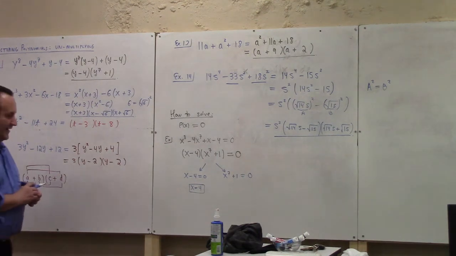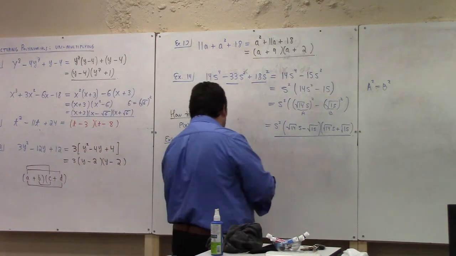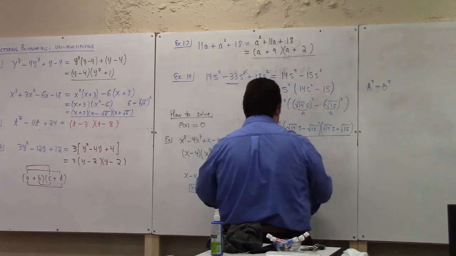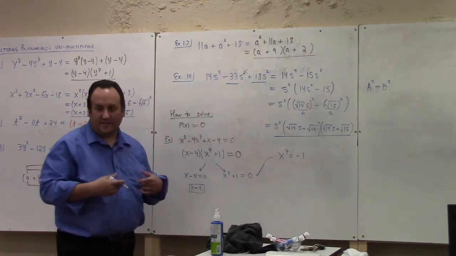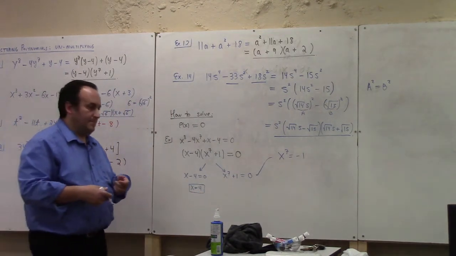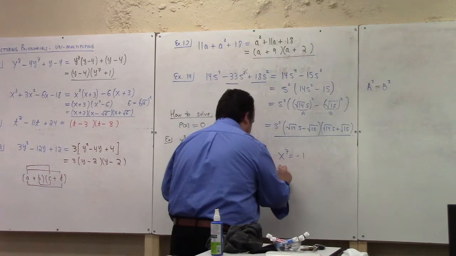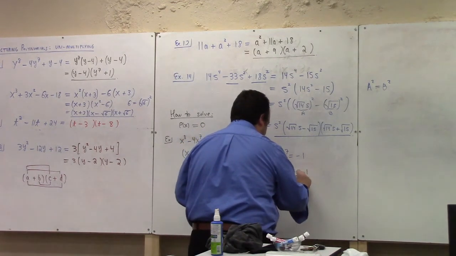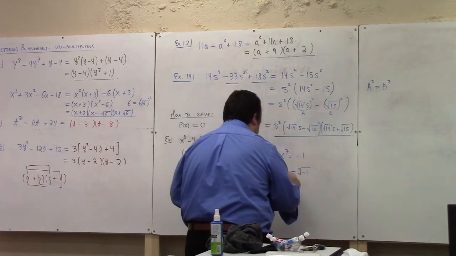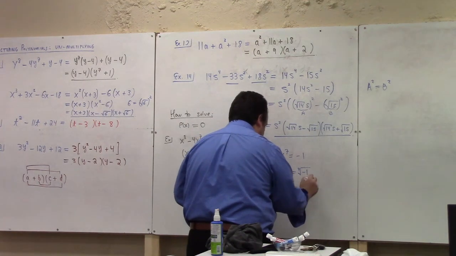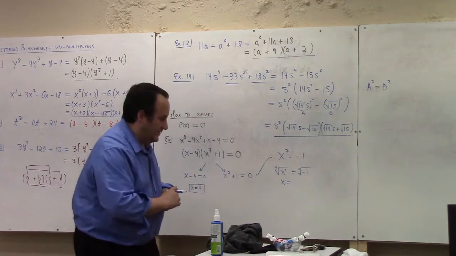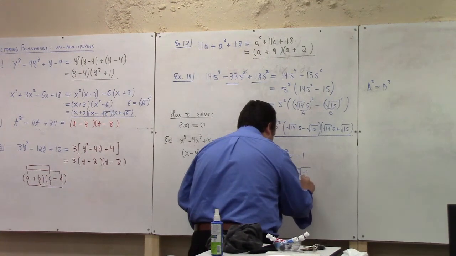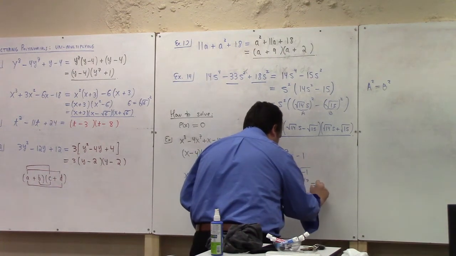Good. However, admittedly, this is a little bit above our pay grade at the moment. But if we look at this as x to the 7th equals minus 1, then we can take what's called the 7th root of both sides. And it turns out that that makes sense. The 7th root of x to the 7th is x, and the 7th root of minus 1, you can put it into your calculator if you don't believe me, but if you calculate minus 1 to the 1/7 power, what you'll get is minus 1.